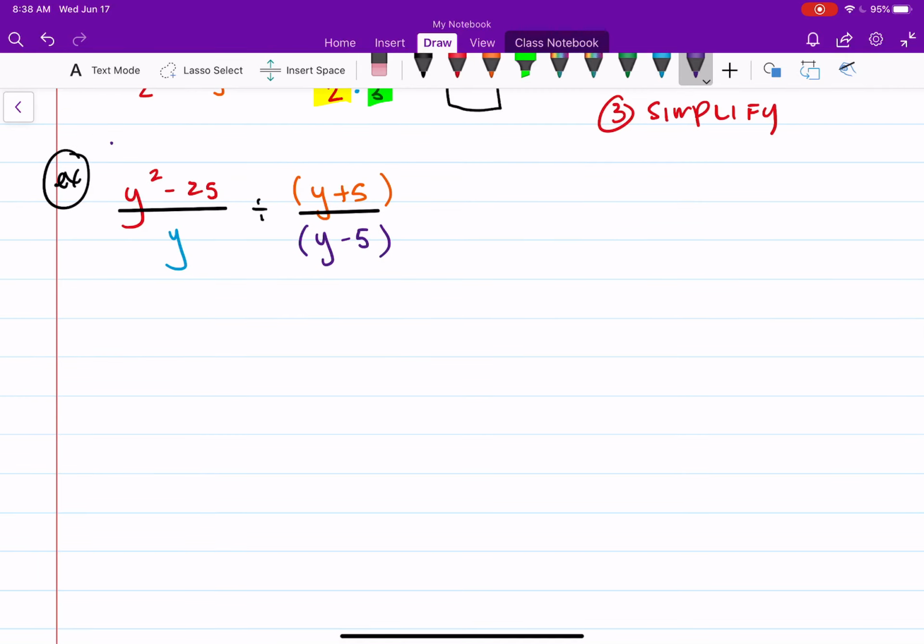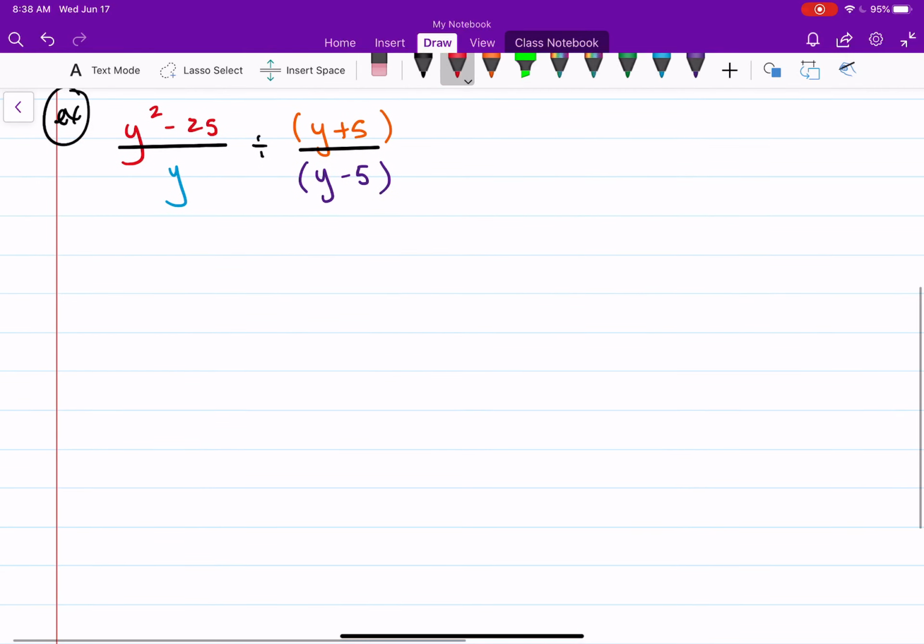So what do we need to do? Y squared minus 25. Can we factor that? Is there a GCF? No. How many terms is it? 2 terms. So what do we have to do with 2 terms? Ask ourselves, is it the difference of 2 perfect squares? Is it the difference? Subtraction. Yes, it is subtraction. Is y squared a perfect square? Yes, because it's y times y. Is 25 a perfect square? Yes, it is 5 times 5.